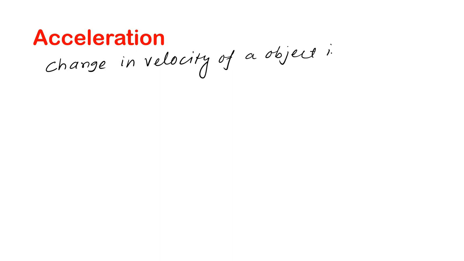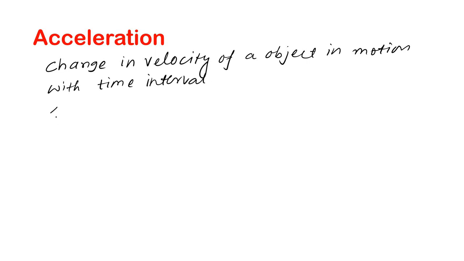So if the velocity of that particular object or particle is changing with respect to time during the motion, we say it is having accelerated motion. So acceleration is nothing but the change in velocity of an object in motion with time interval.